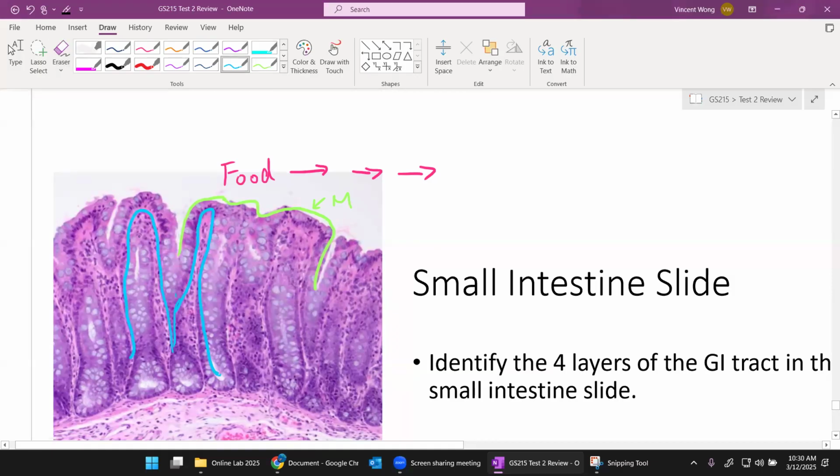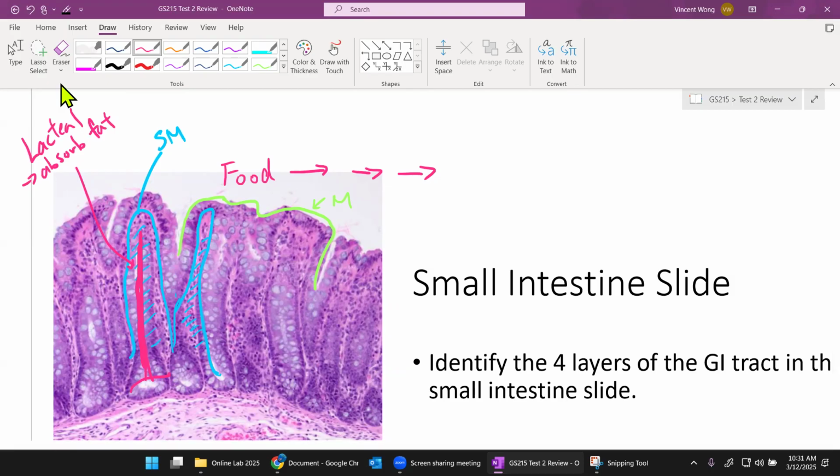Inside the submucosa is where you will have, and we labeled this last time, the lacteal, which helps absorb fat and takes it to the liver.